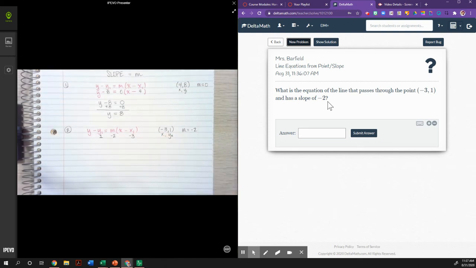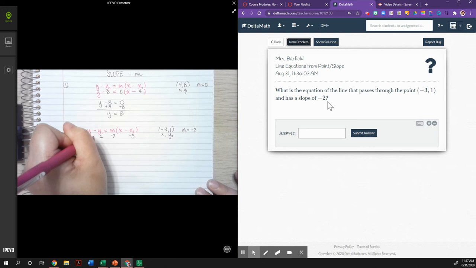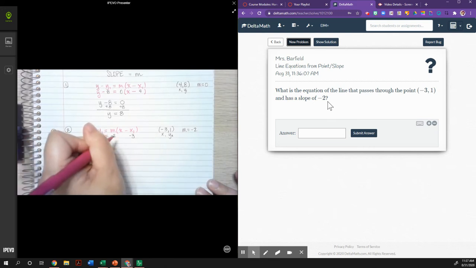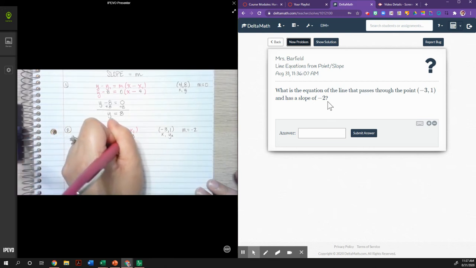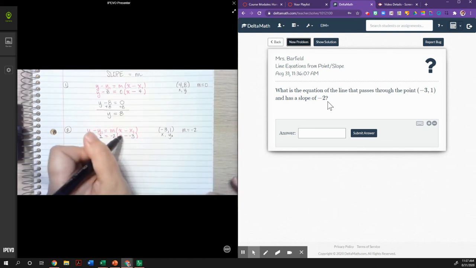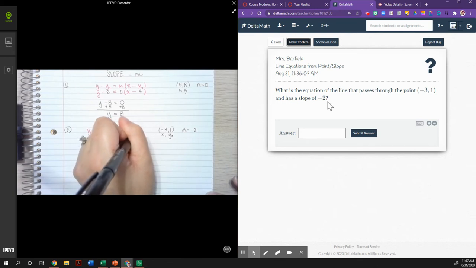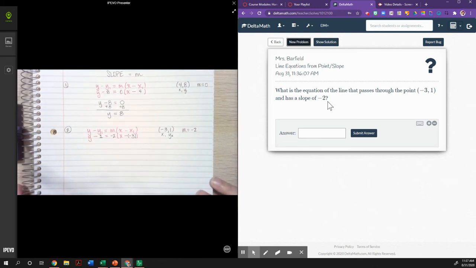Now let's be very careful about how we bring stuff down. So y minus 1 equals negative 2 times x minus negative 3. Now I don't like to have x minus negative 3. I'll need to add some parentheses to that. That's going to make me feel a lot better. The first thing I'm going to do is clean up that double negative.